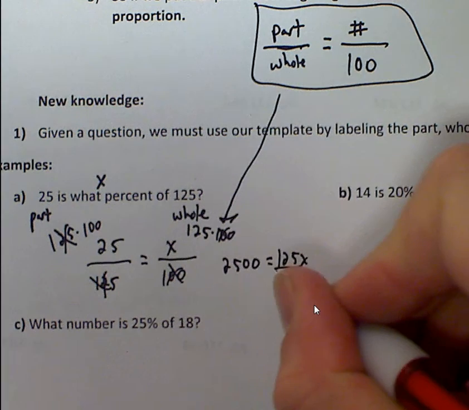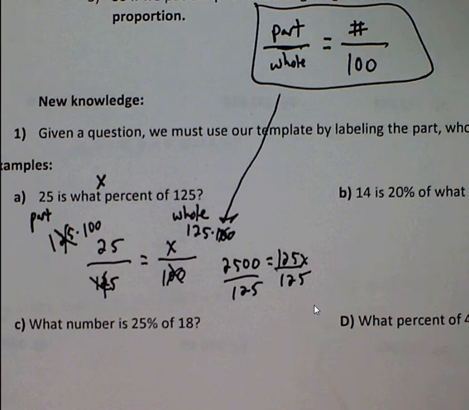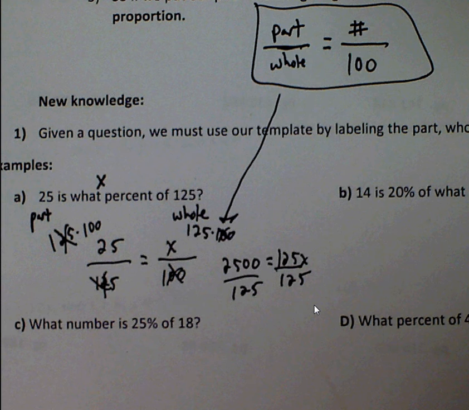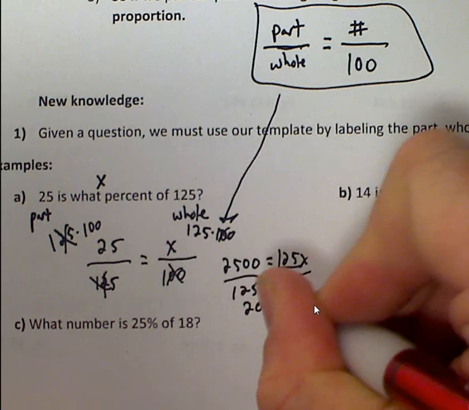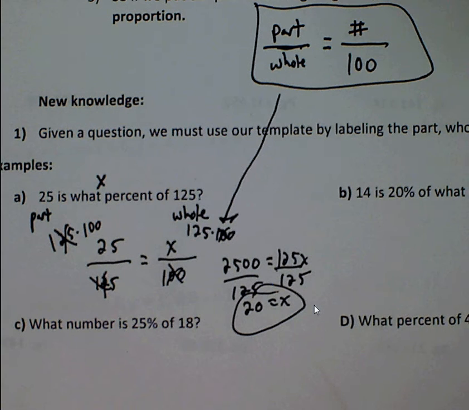If I divide by 125, I'm going to go ahead and use a calculator on this. 2,500 divided by 125 gives me 20. So it would be 20%. So 25 of 125 is literally 20%.